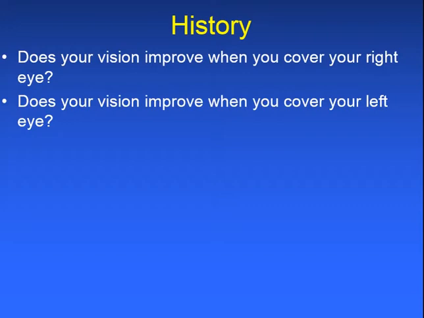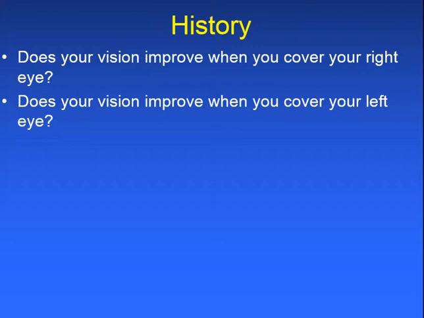And it's important to point out here that both of these questions need to be asked so that you're not fooled by a case of monocular diplopia. For example, let's pretend that the patient has diplopia because they have a monocular diplopia in their right eye from some sort of corneal opacity, for example, or astigmatism, and you just ask them, does your vision improve when you cover your right eye?